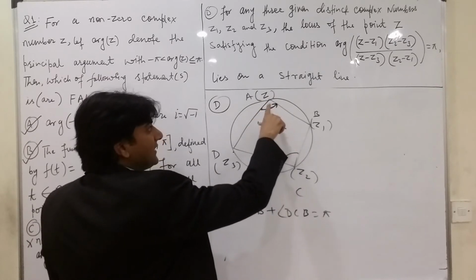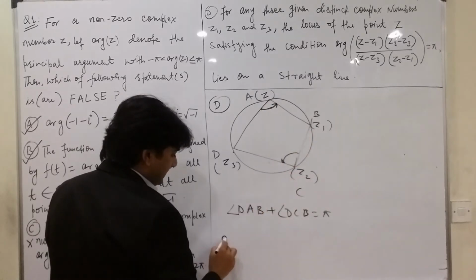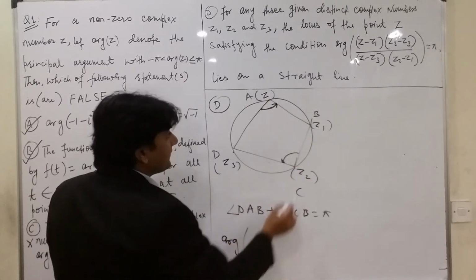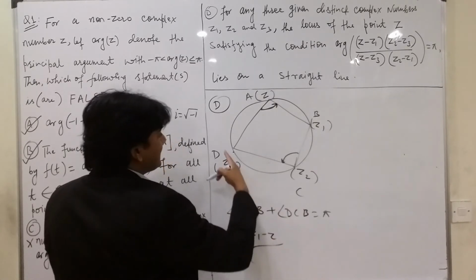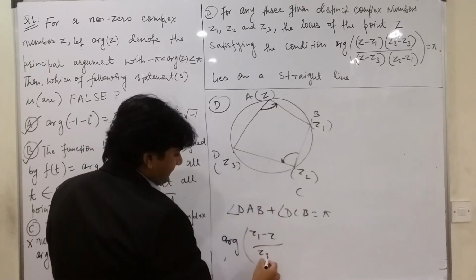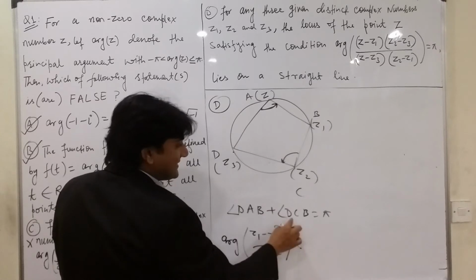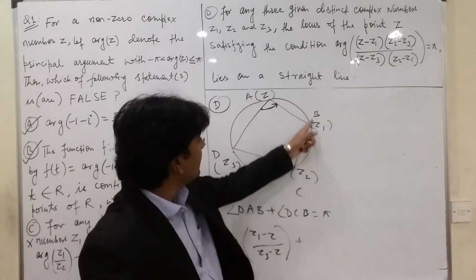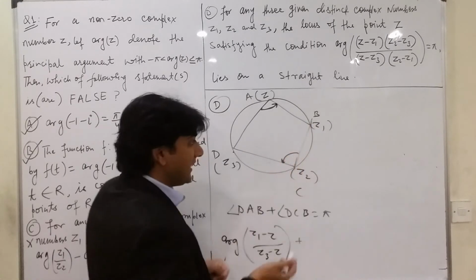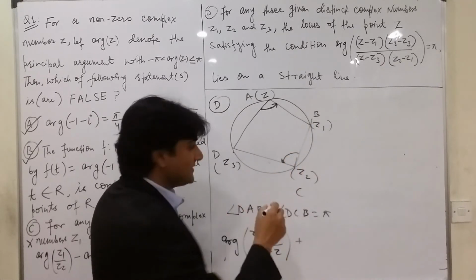So if I take the anti-clockwise sense, then I will write argument of (z1 minus z) over (z3 minus z) plus DCB. Angle DCB is what? It means we need to find this argument, and in the same anti-clockwise sense.